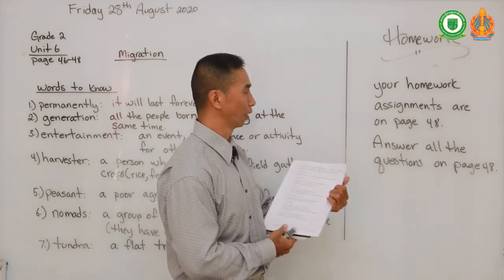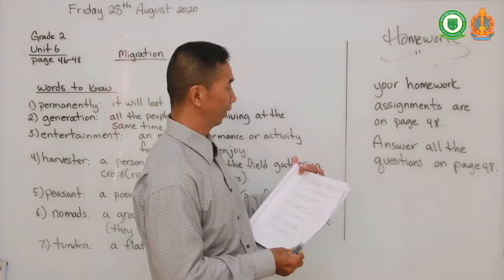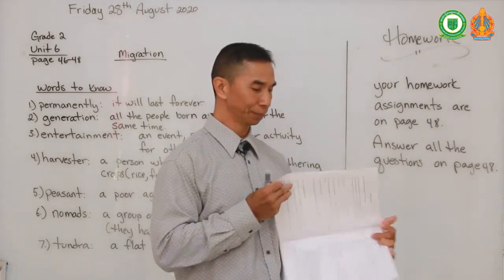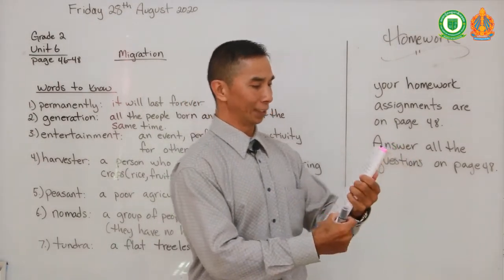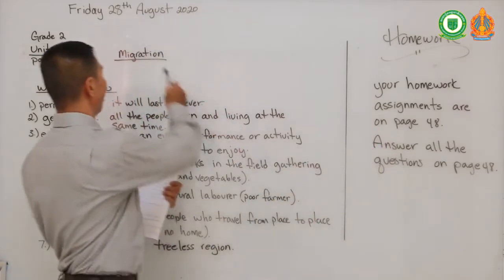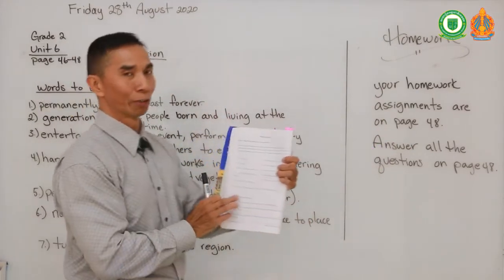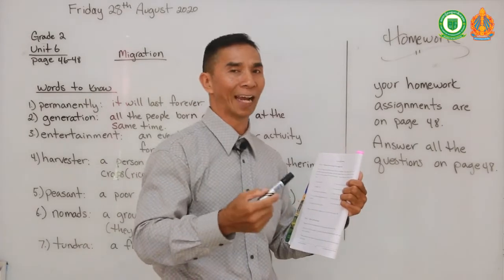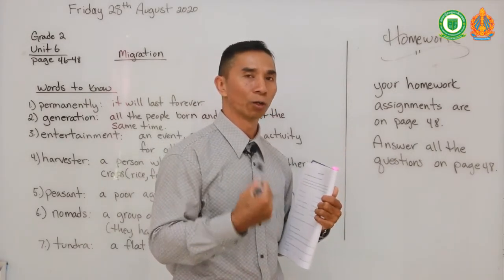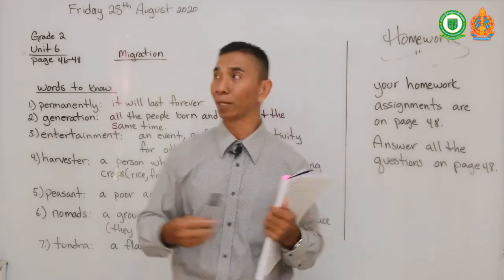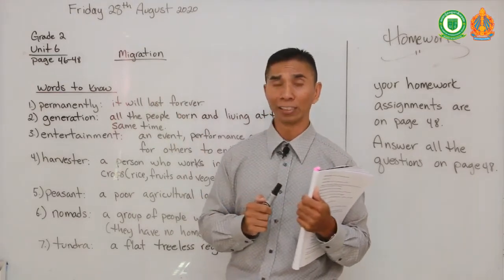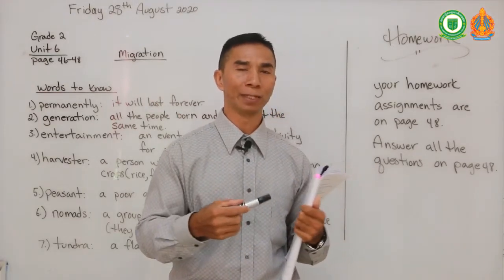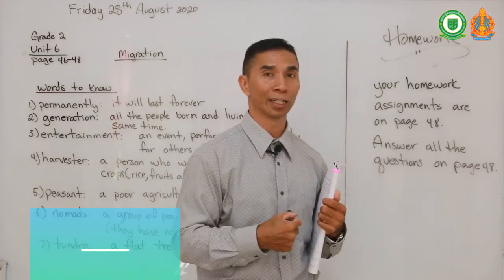Now on to your homework assignment. Your homework is on page 48. Page 48 also talks about migration, but here we talk about immigration. Immigration means the act of going from one country to another. It means the same thing as migration, but immigration refers to going to another country.